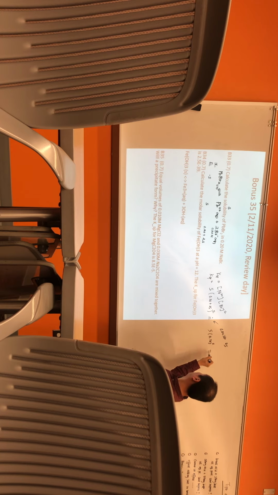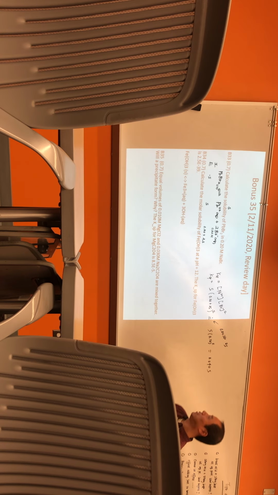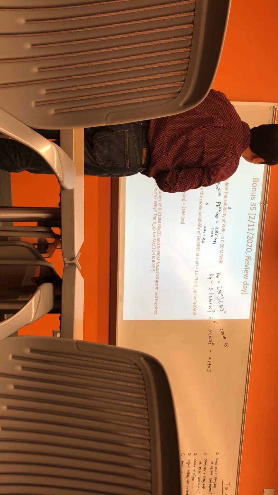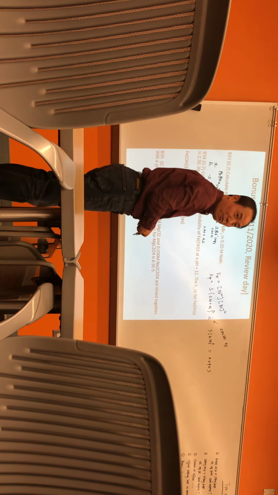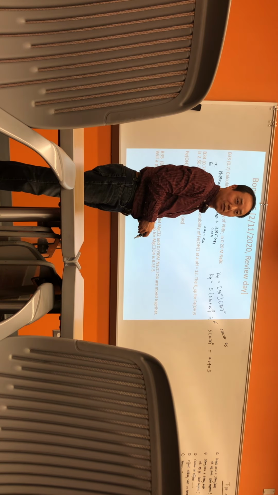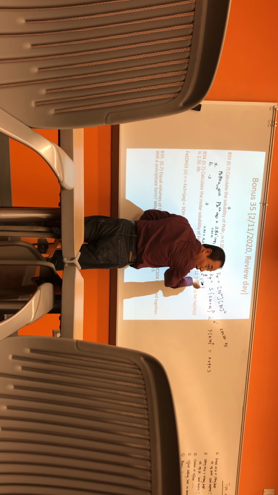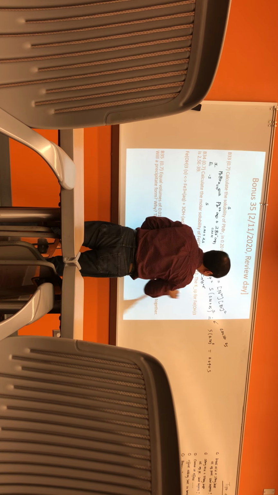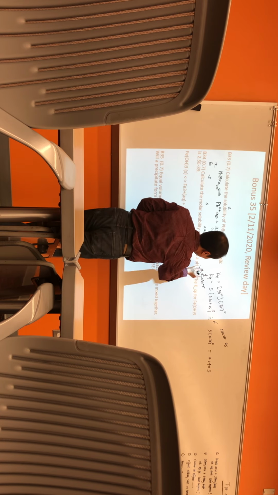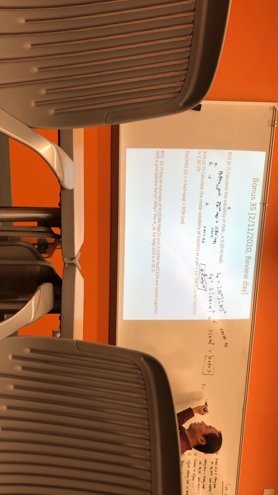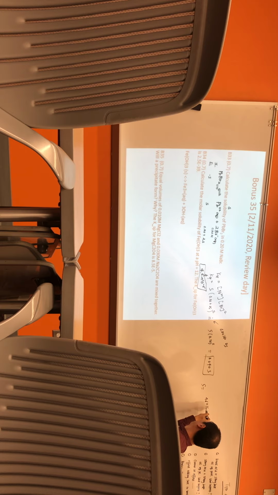0.20 squared, which means 0.040 S. And the KSP is not given, which means you're going to have to look it up. What's the KSP? 4.6 times 10 to the negative 6. Okay, that's your KSP. So using this number, my solubility will be 4.6 times 10 to the minus 6 divided by 0.040.